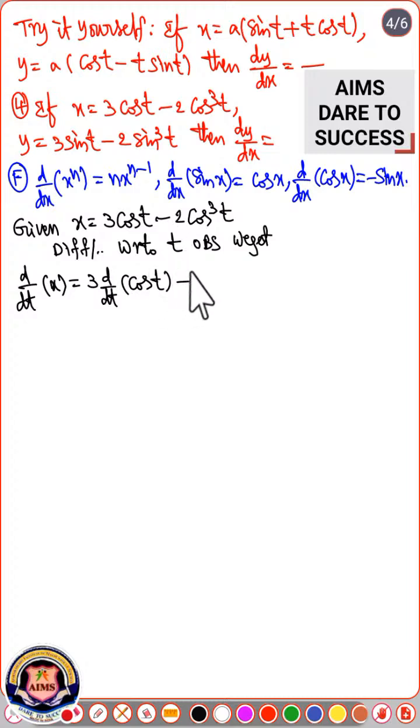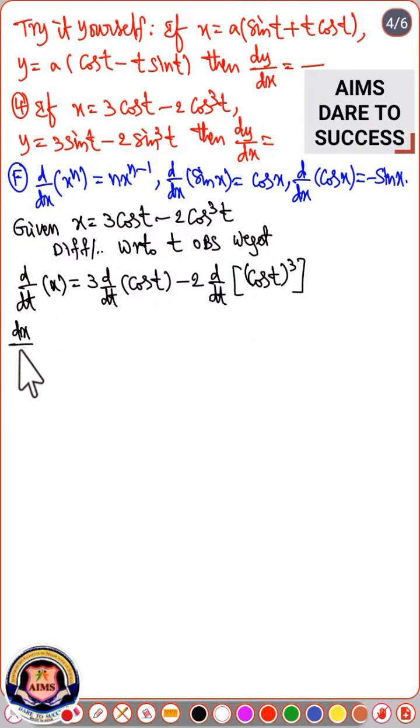After that, minus 2 is the constant and the coefficient of cos cube t, so write minus 2 outside into d by dt of cos t whole cube.